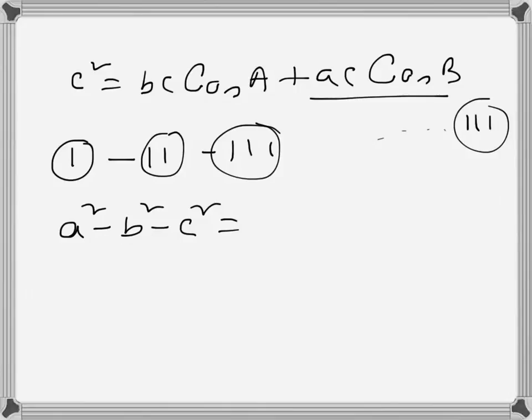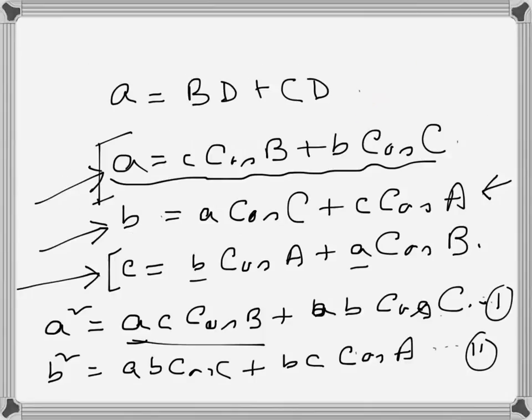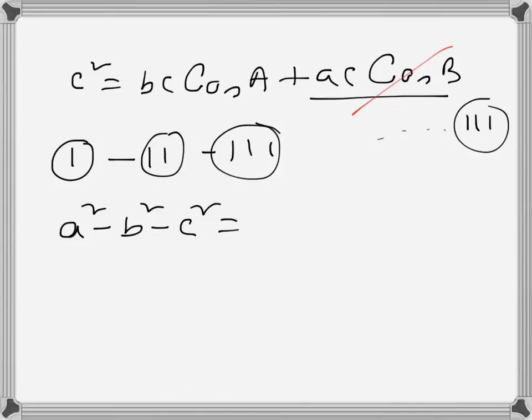Then AB cos C: I can see it here as well, so since 2 is subtracted from 1, this gets cancelled as well. Now this one comes as a negative, and this is the same thing which comes as a negative. So we will have bc cos A minus bc cos A. That is the only thing we have on the right hand side.